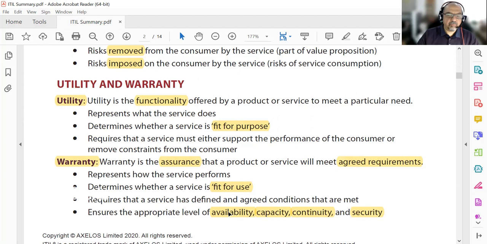The service is available, there is capacity there, continuity there, and disaster recovery, it is secure. It is a secure service, of course. For the utility, it is fit for purpose. It will improve or support the performance of the consumer or remove some constraints.